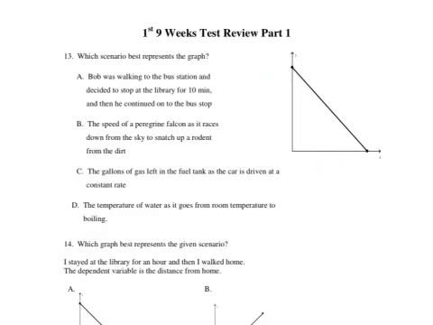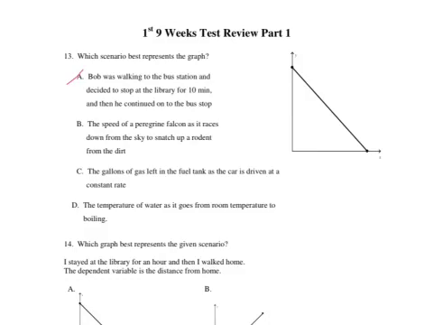So if he's walking to the bus station, it says he decides to stop at the library for 10 minutes. So he's no longer getting closer to the bus stop. He would actually stop for 10 minutes and then he would continue on to the bus station. So this shows a continuous rate, or he's going at the same pace, and that did not happen. He stopped for 10 and then he continued on. So A is not a good choice.